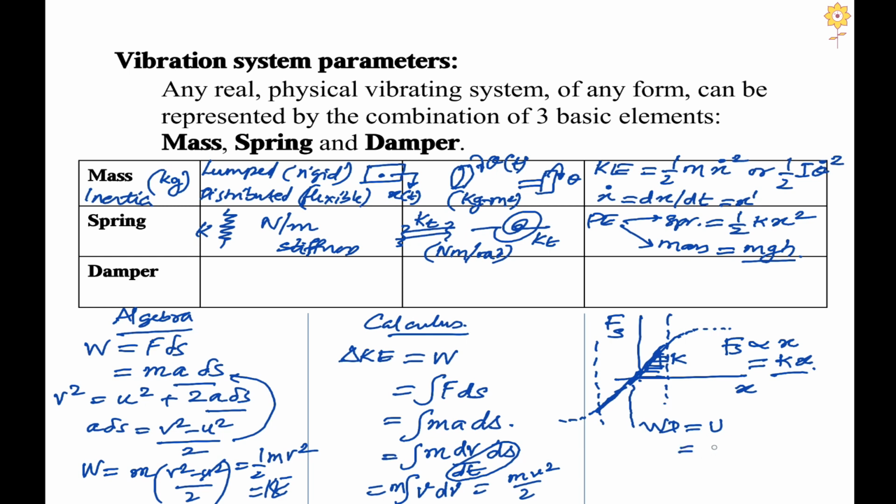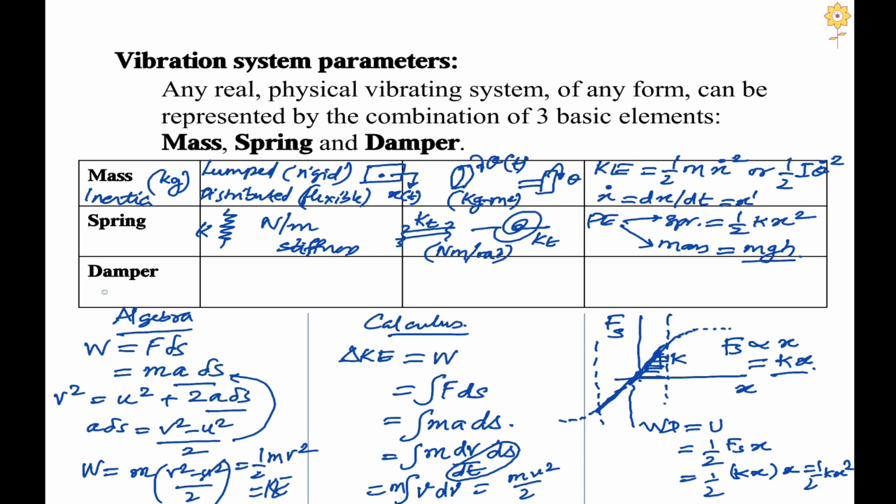So it can be given by half into the spring force into deformation, while the spring force can be given by the definition of the spring, that is k times x, into x, and ultimately I have half k x square as the formula for potential energy of the spring.